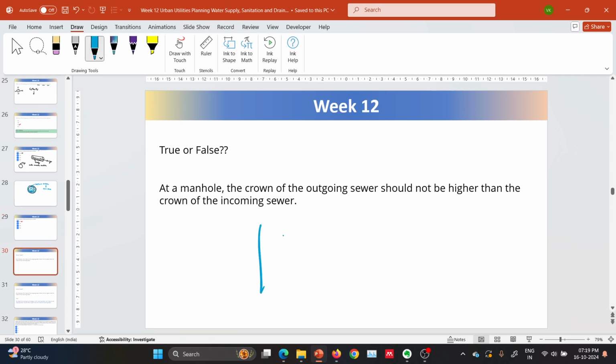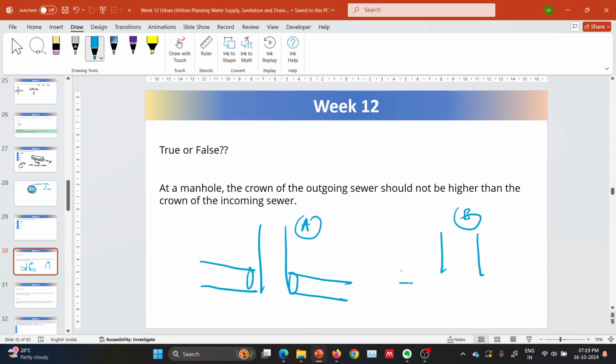So this top part is called crown, and this bottom part is called invert. This is the manhole. This is the incoming sewer. This is the outgoing sewer. This is case A. This is case B. Dia, we are not considering dia. Okay. So which one is correct? Check and tell.